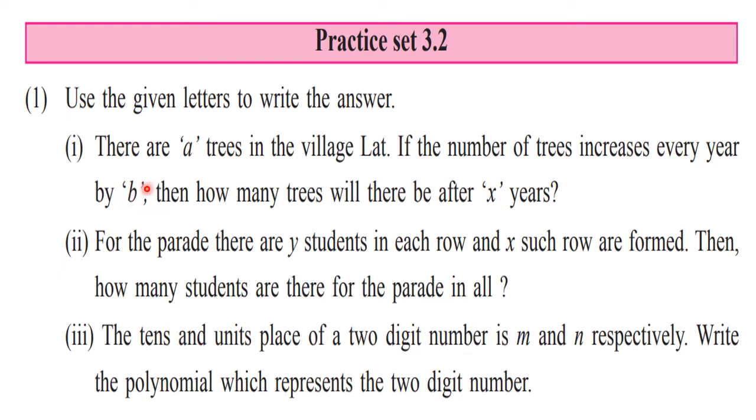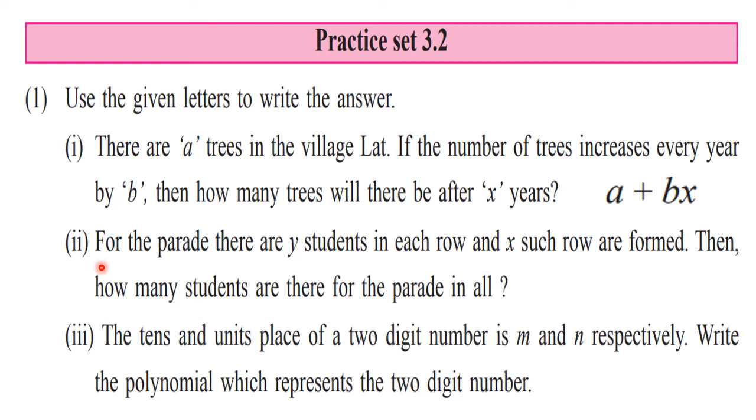So increase is B every year, and the number of years are what? X. So if we multiply them, then we will get Bx, and total number of trees we will get as A plus Bx. Okay, what is the answer? A plus Bx. See, the number of trees in the beginning plus the increase in number of trees, increase in every year into number of years. So A plus Bx is the answer.